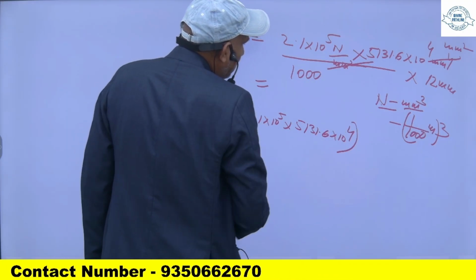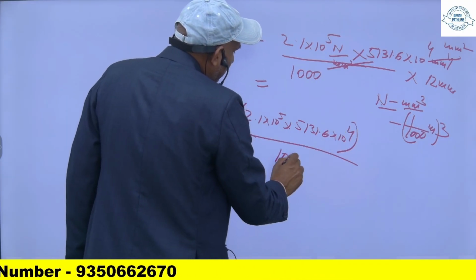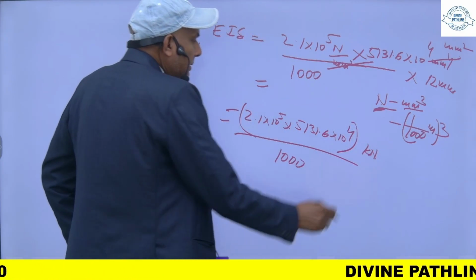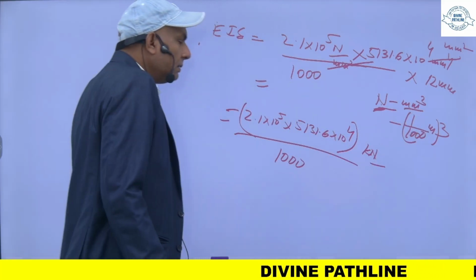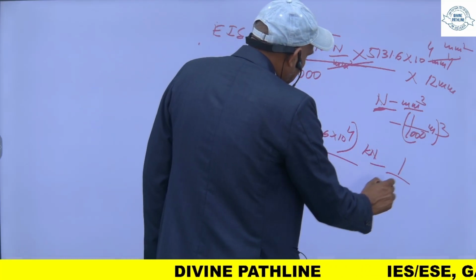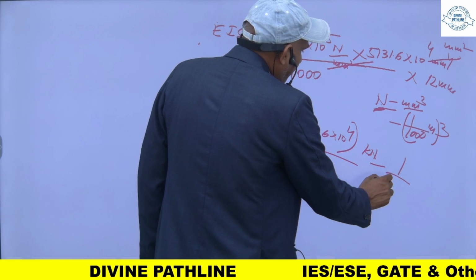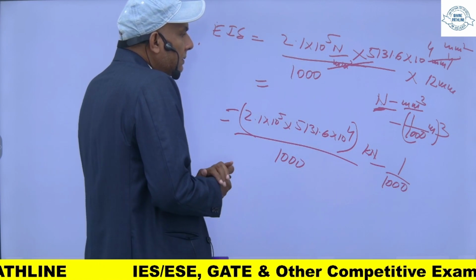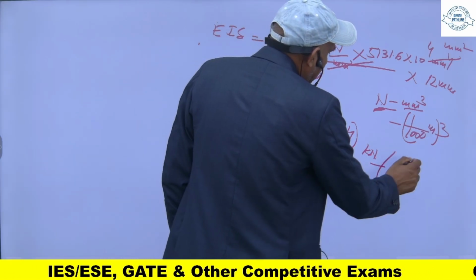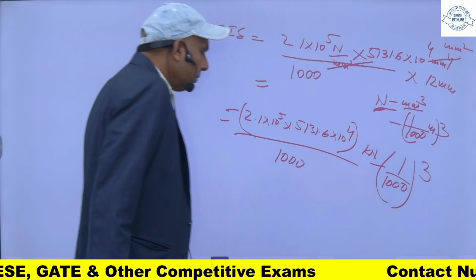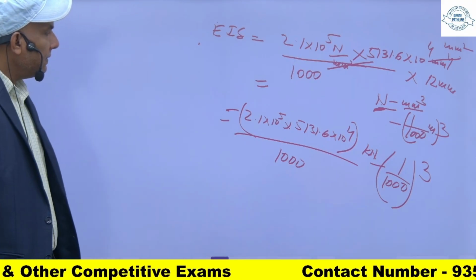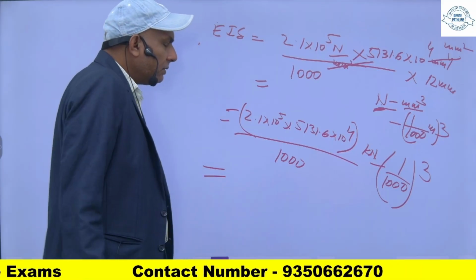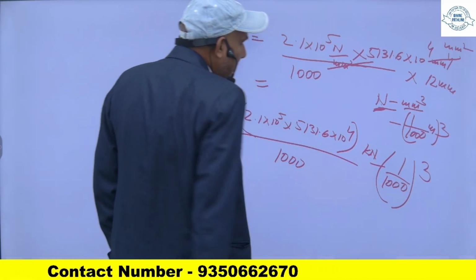When you divide it by 1000, this Newton will become kilonewton, and this mm cube becomes 1 upon 1000 in meter raised to the power 3. This way you will get it in kilonewton. So this will be 10 raised to the power 9.